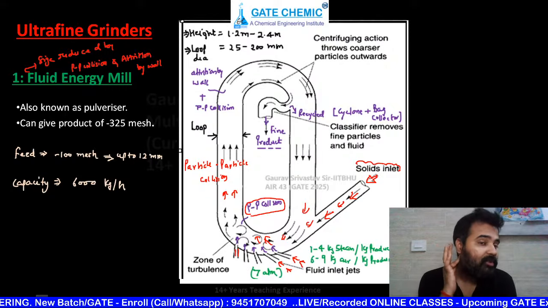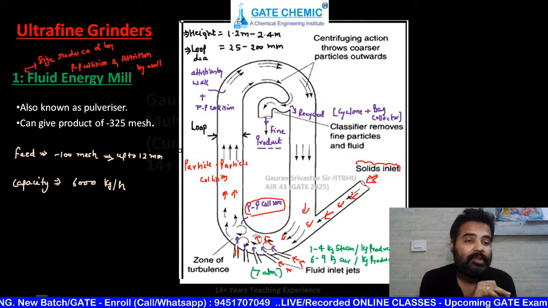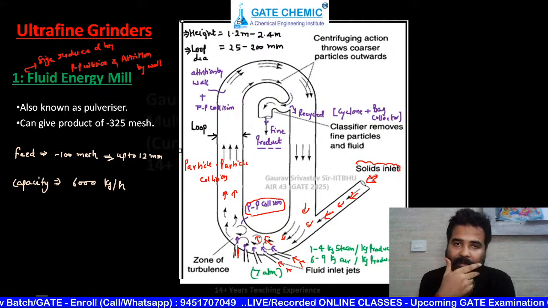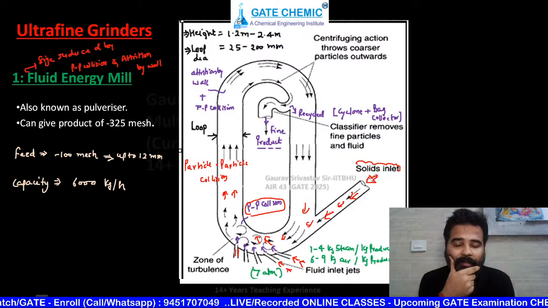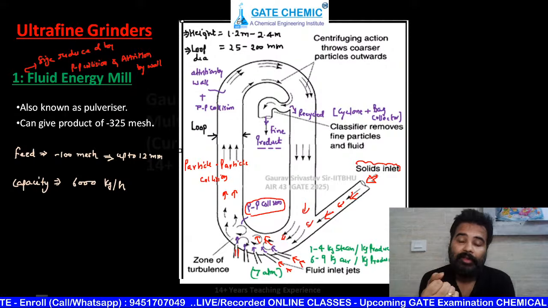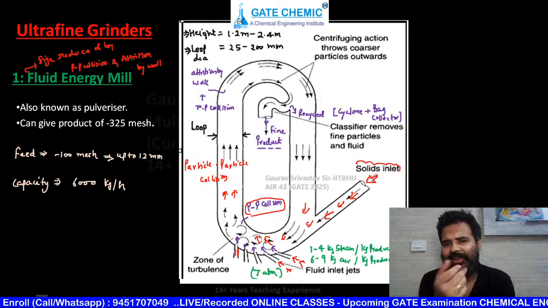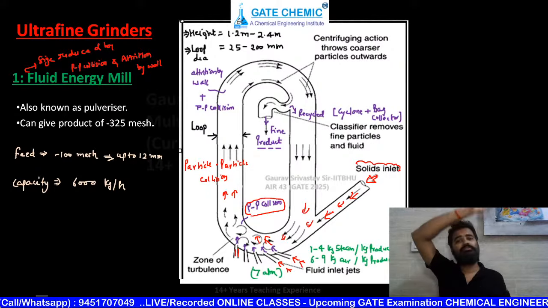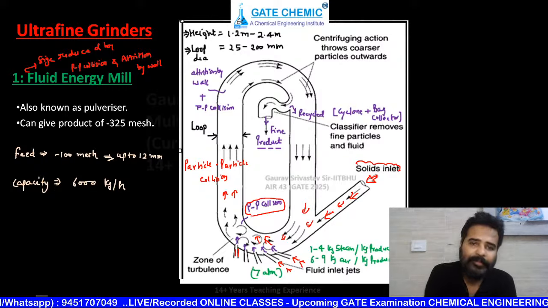Now see one by one. Fluid energy mill. This is a diagram in front of you. Nothing present like fan, like some impactors, any grinding media. No grinding media is present. See, just a type of tube is present. Very very easy.